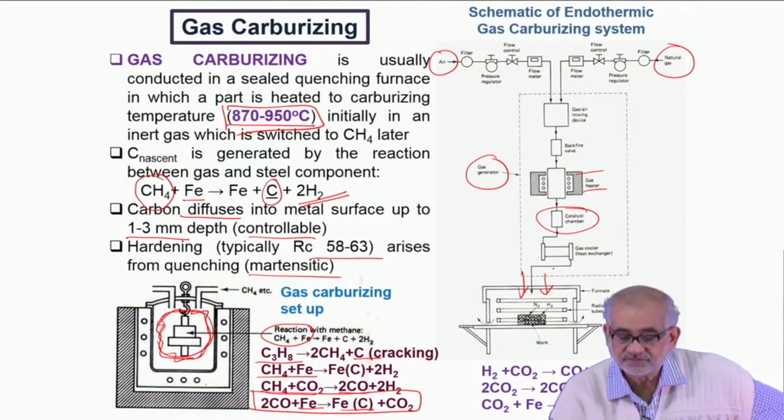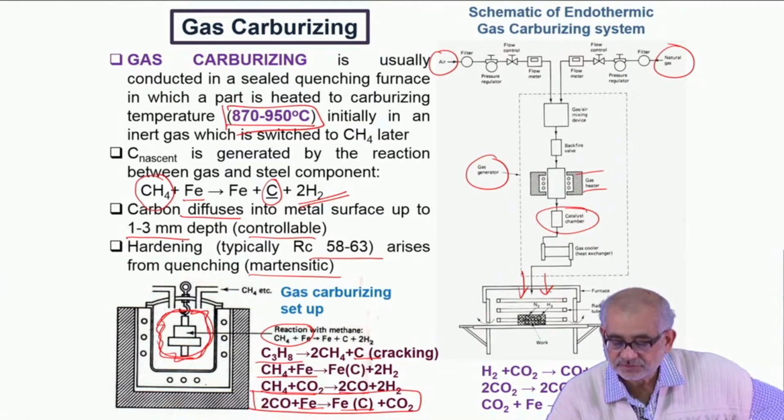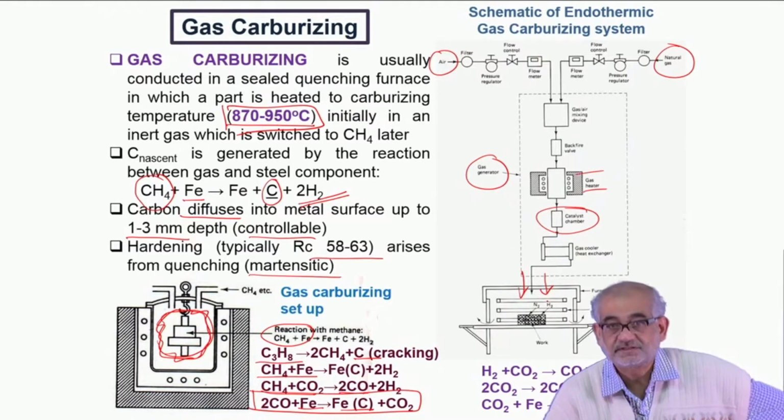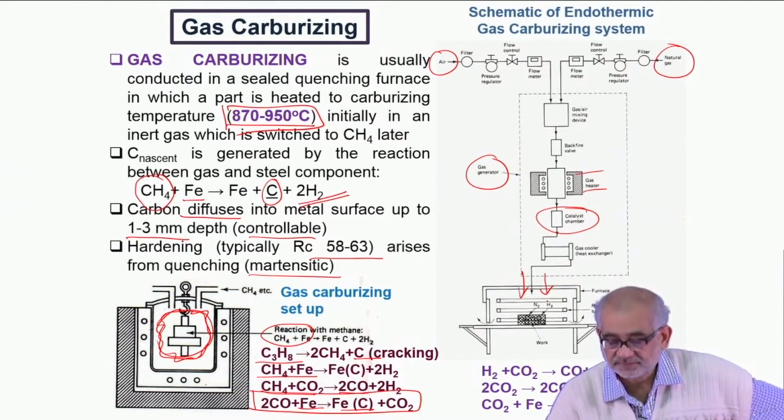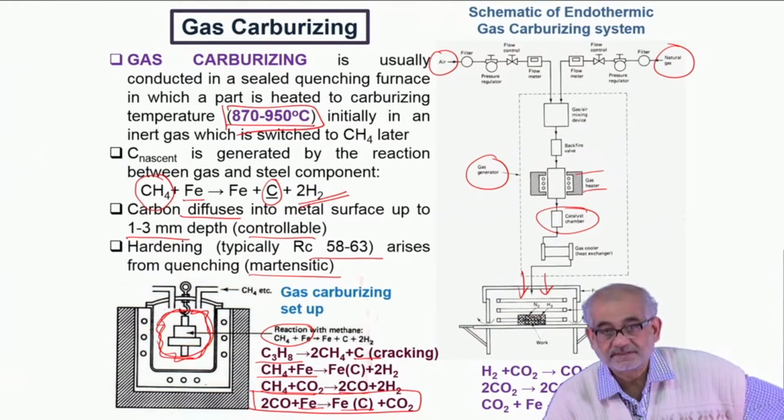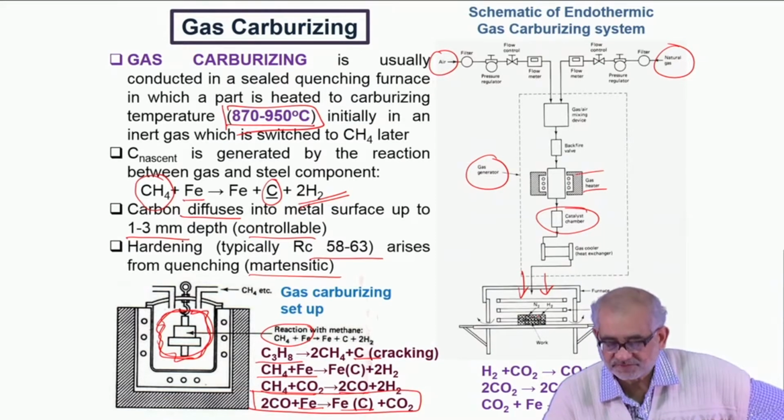There is some amount of buffer gas also used, for example nitrogen and hydrogen, which covers the surface, and the presence of hydrogen is beneficial because it helps in removing whatever little oxide layer might be present on the workpiece.